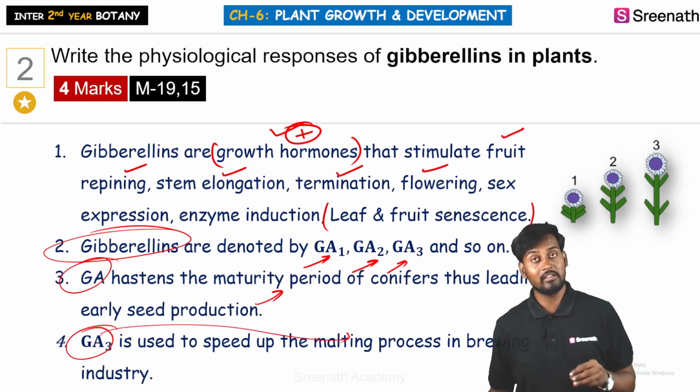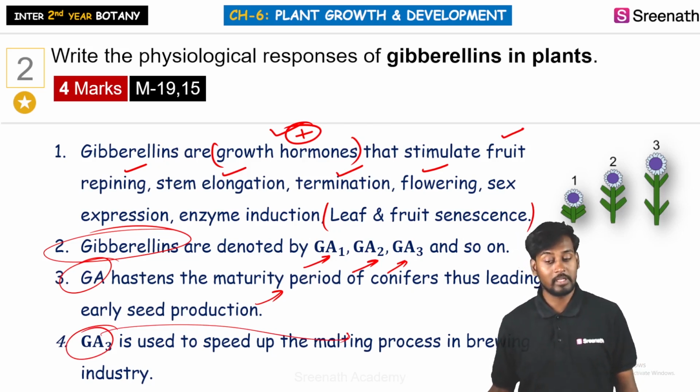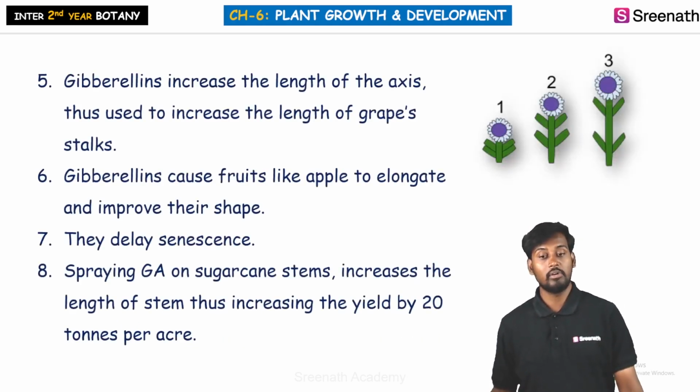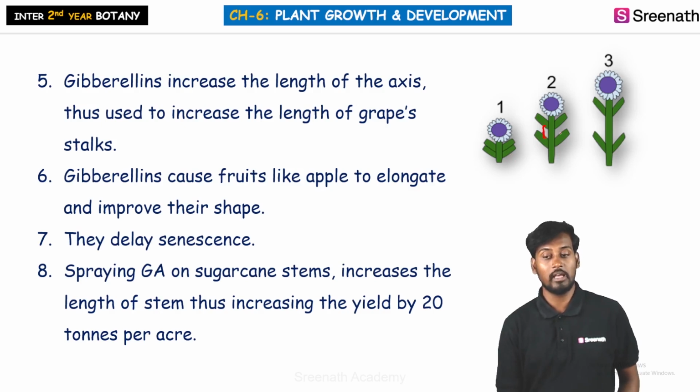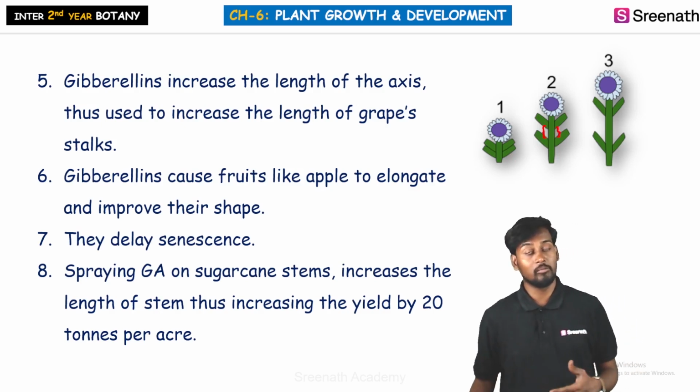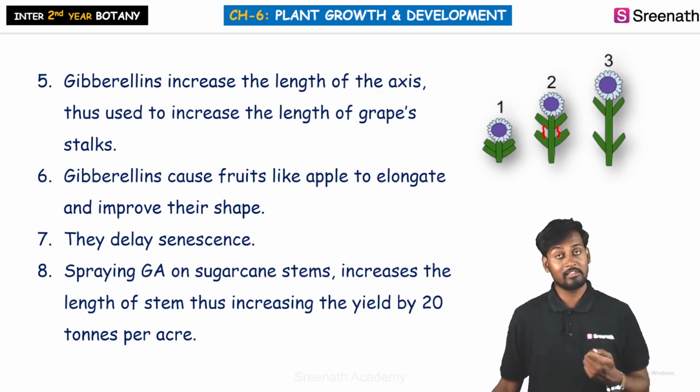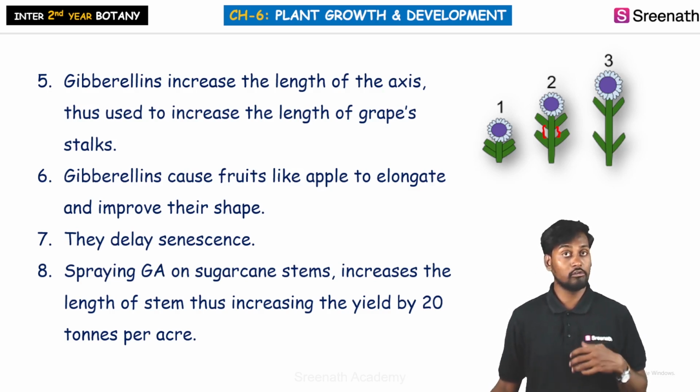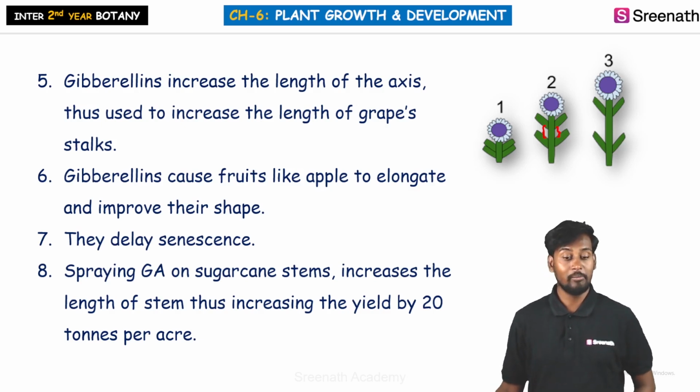Gibberellic acid 3, the first discovered gibberellic acid, is used in the alcohol industry, that is, the brewing industry. They generally increase the length of the axis, that is the length of the stem. The length between nodes is called the internodal length, so they increase the internodal length of the plant.